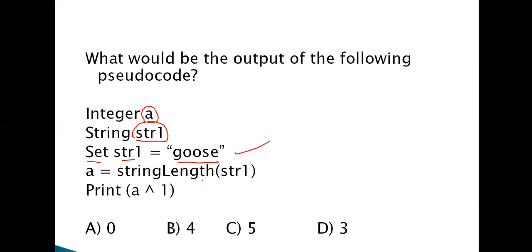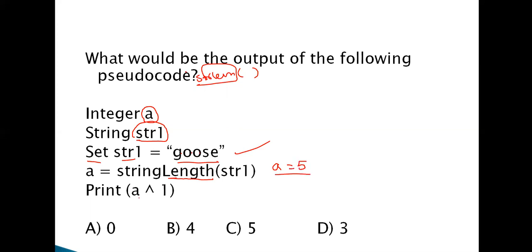String length of, that is, we have a function. Suppose in C language, the function is strlen. Instead of the function, I am using string length of. The name itself specifies the length of a string. The length of a string means simply the number of characters: 1, 2, 3, 4, 5. Now A contains a value 5.